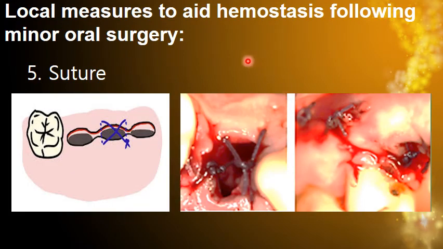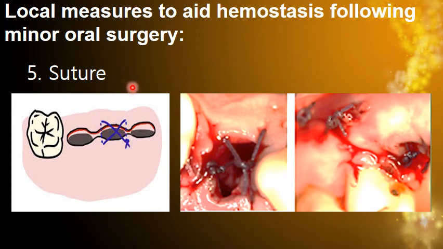Another method for controlling hemostasis, and really available in every dental clinic, is sutures. Sutures are useful in controlling bleeding if it is due to soft tissue hemorrhage, which means hemorrhage from the gingiva. They act mechanically by obstructing the blood vessels and thereby cause the stoppage of bleeding.